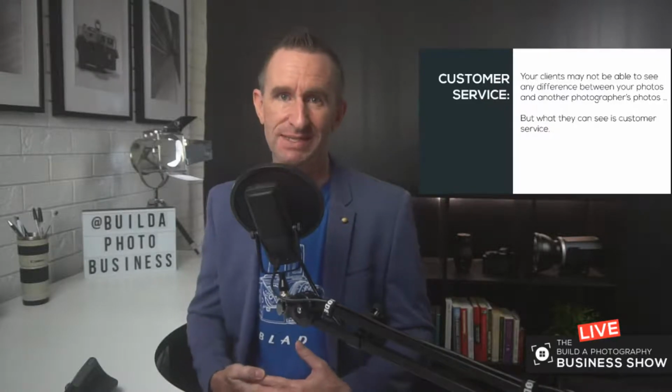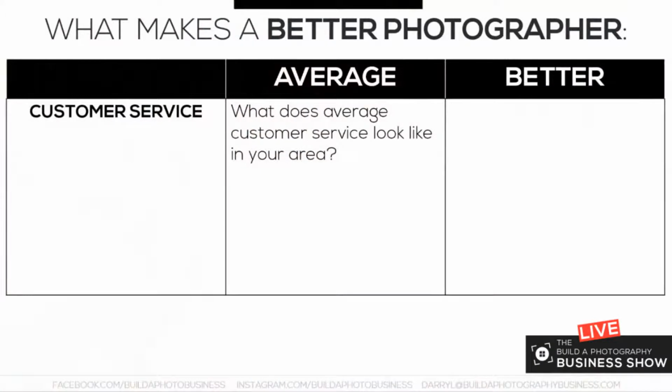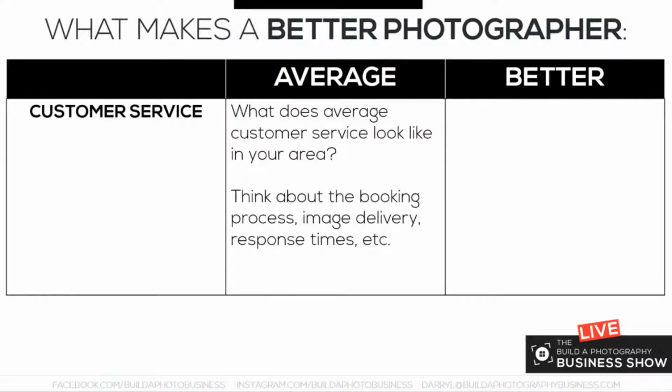So for this exercise that we're doing, write down what average customer service looks like in your area. So maybe think about the booking process, how long it takes for photos to be delivered, the time it takes for you, or for other photographers, to respond to an inquiry, and things like that. So you want to define what normal looks like, and then in the second column, write down what it would look like for you to be better.